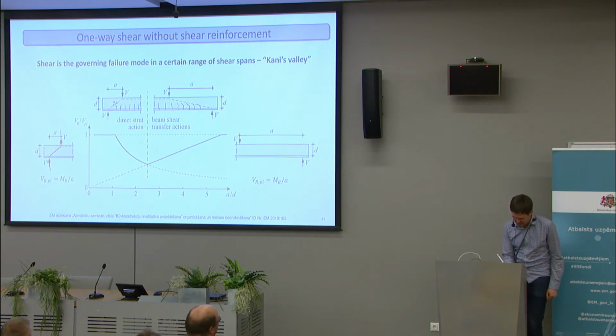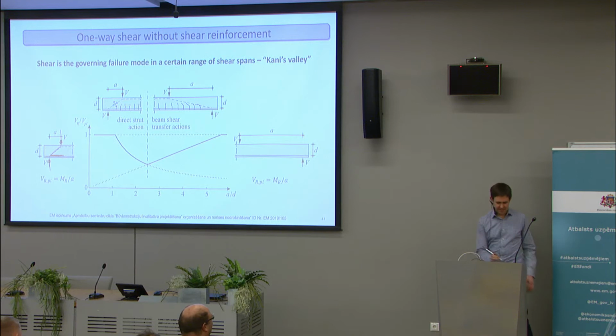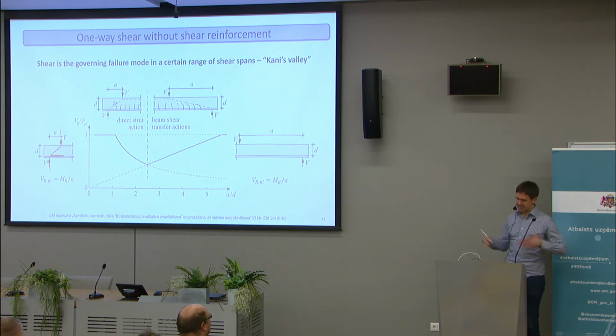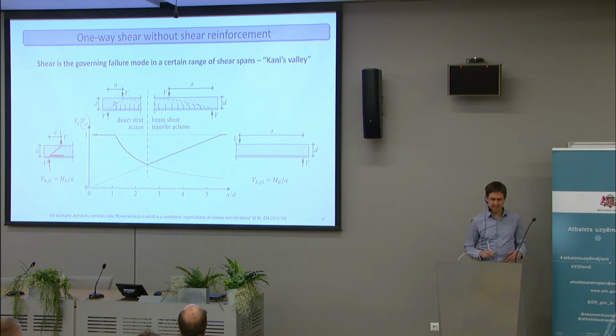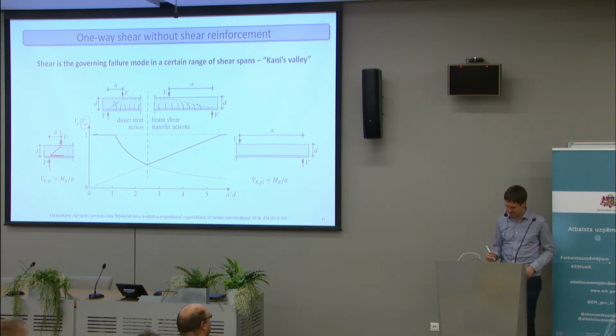It will be governed by the stresses in steel. Before failure, the steel will start yielding, and the strength will be equal to the plastic strength, the strength that we calculate with strut and tie models, with yielding of reinforcement.